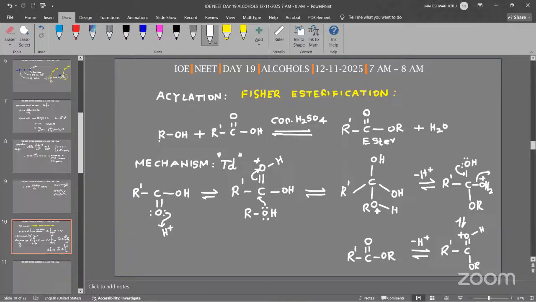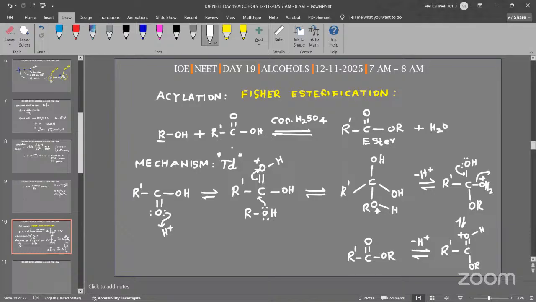In alcohols, R cannot be hydrogen. If it is hydrogen, it will become water. So in the case of alcohols, R must be an alkyl group like methyl, ethyl, propyl. In the case of carboxylic acids, R dash may be hydrogen or any alkyl group like methyl, ethyl, propyl. Clear?